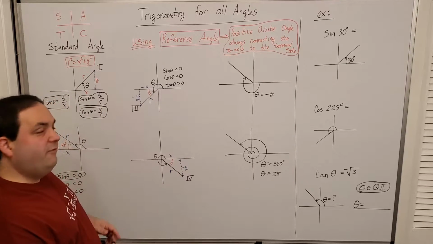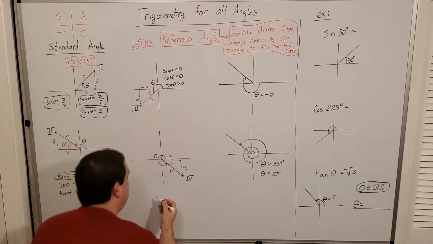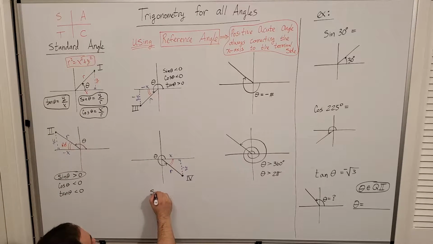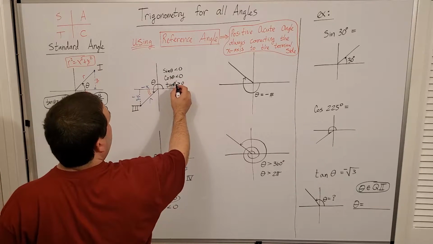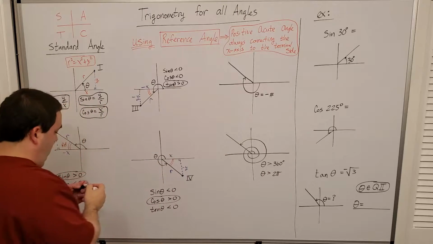So in quadrant 4, sine is negative. Cosine of theta is going to be positive, and tangent theta is going to be negative. Okay? Notice the cosine is positive here, and notice the tangent is negative here.